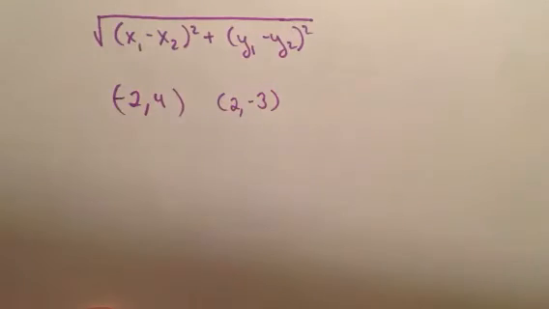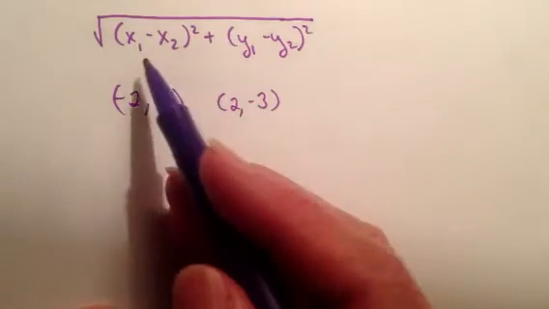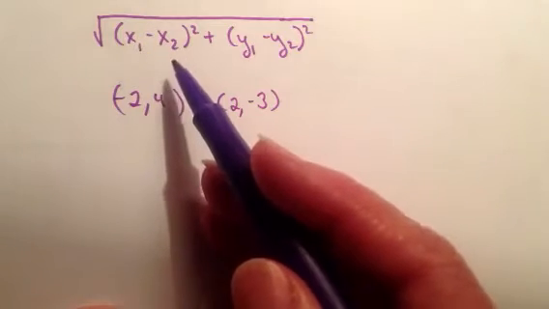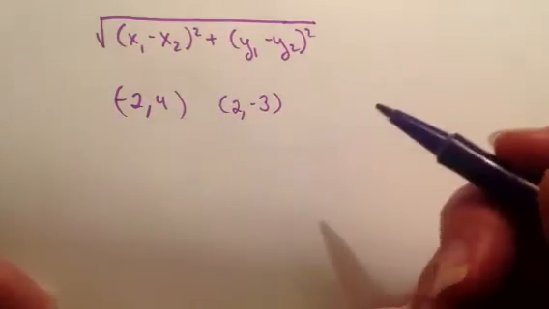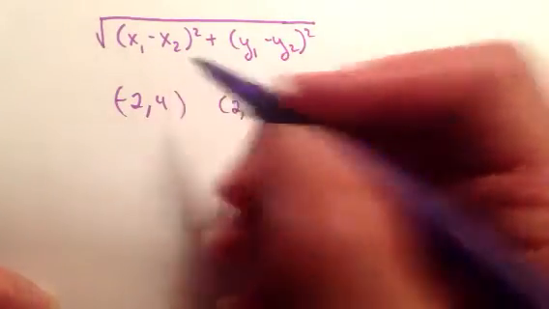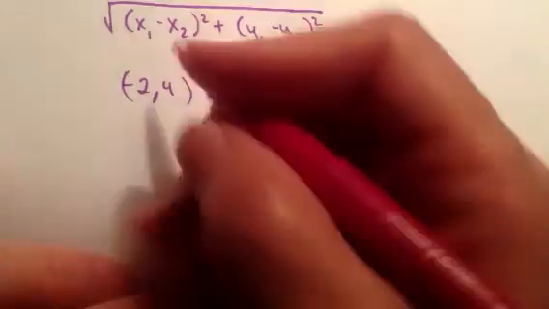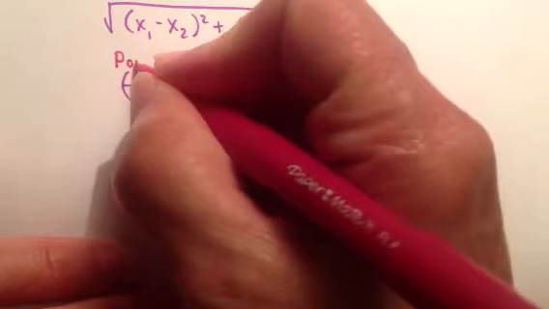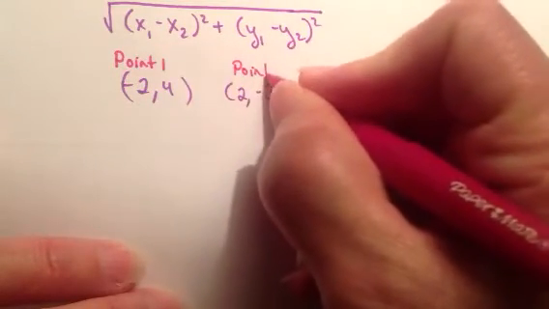And it really doesn't matter what I call these. Don't confuse these little subscript numbers, the ones down at the bottom. Those are the values of the x value and the y value of a certain point. They are not exponents. So please make sure you write them below so we don't confuse them with exponents. So I could say that this first one is point 1, and this second one is point 2.